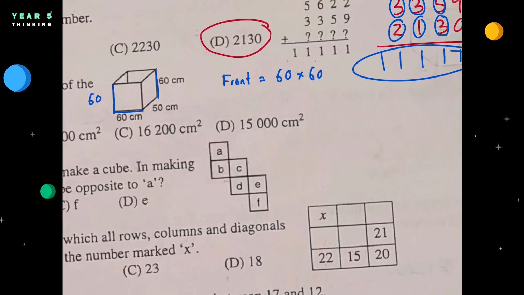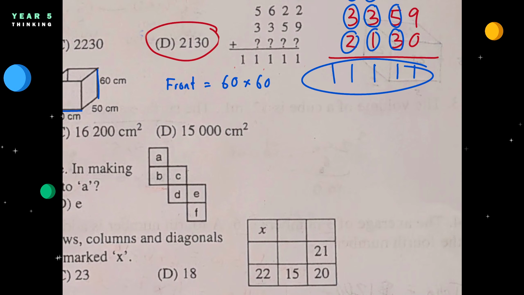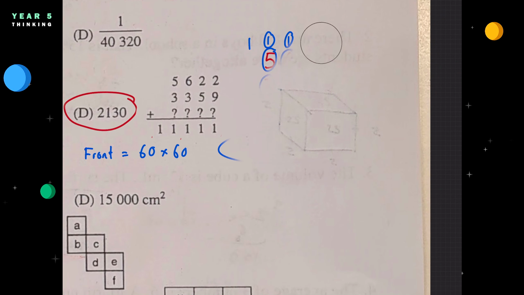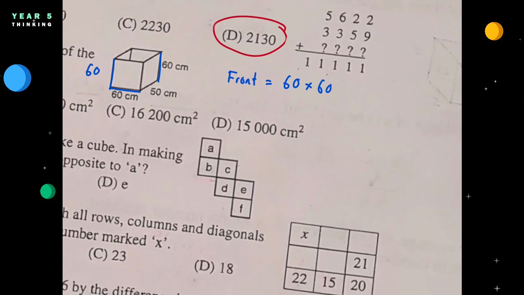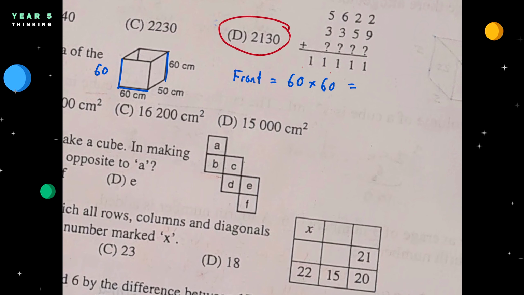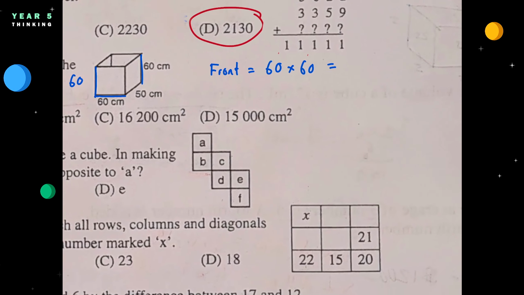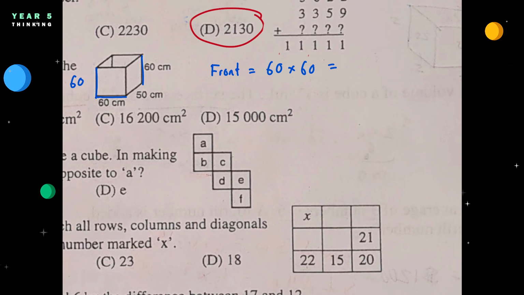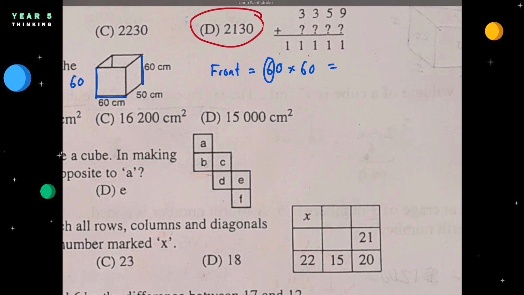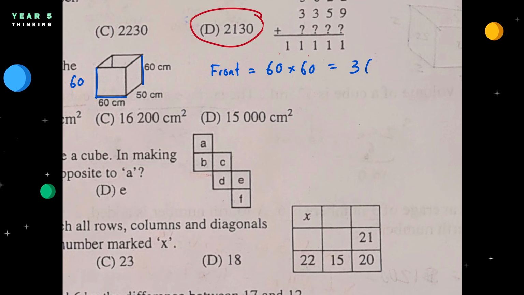60 times 60. Let's get rid of this actually. So 60 times 60 would give us what? The way we do this quickly is we go, what's 6 times 6? 6 times 6 is 36. And you've got 2 zeros, so you put 2 zeros.